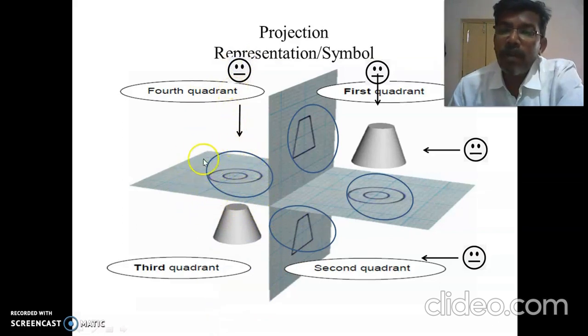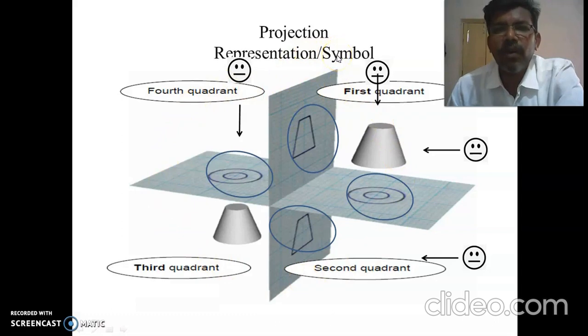We cannot view this picture on the horizontal plane, so it is rotated in the clockwise direction by 90 degrees, such that the top view appears on the right side. Now this is the explanation of how the representation and the symbols are written on paper.